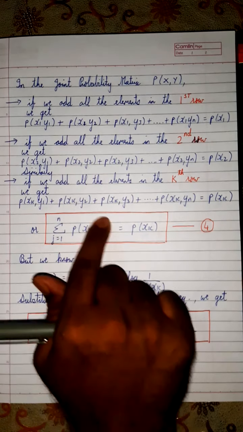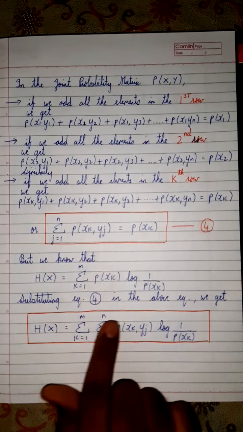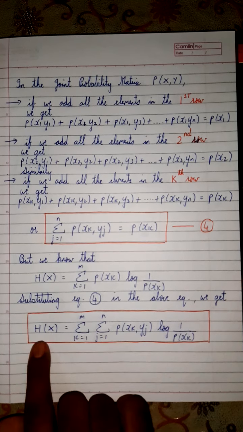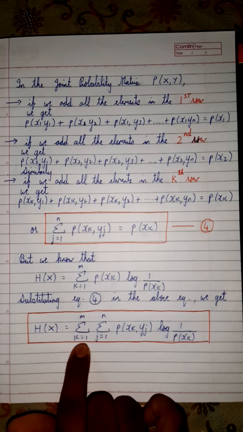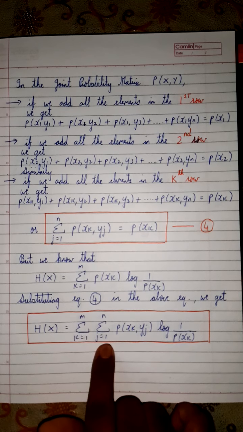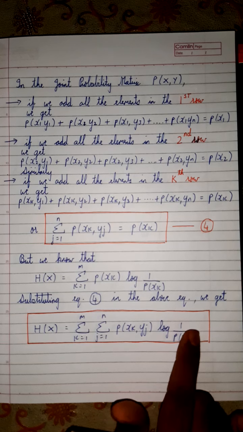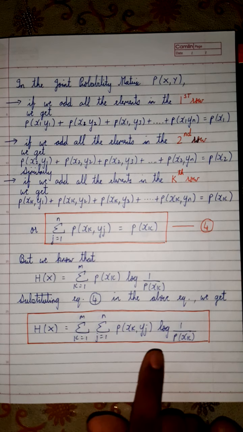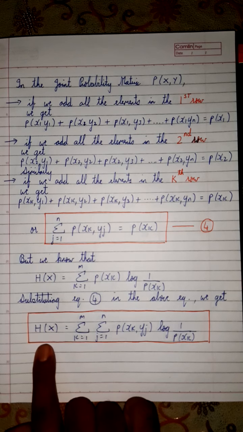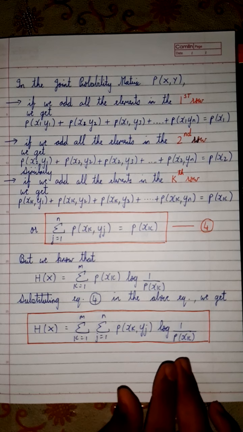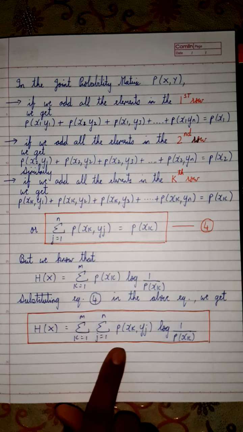Substituting equation 4 in the above equation, we get h of x is equal to sigma k equal to 1 to m, sigma j equal to 1 to n, p of xk yj log of 1 by p of xk. This is the other equation of h of x. So h of x has two equations: one is this equation and the other is this equation.